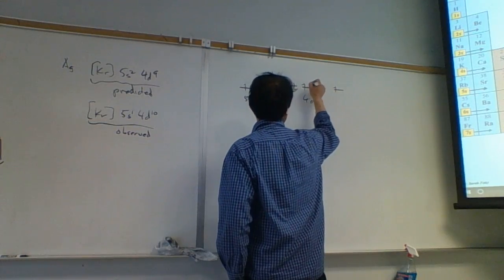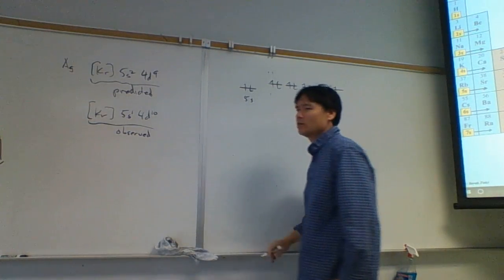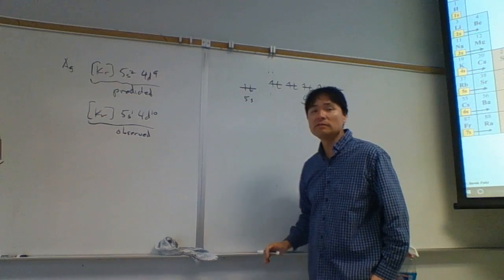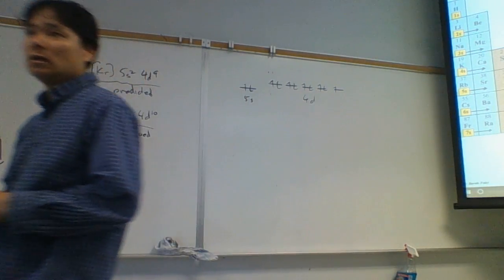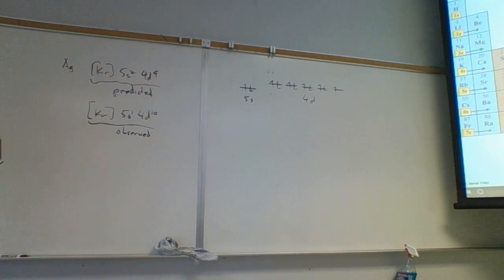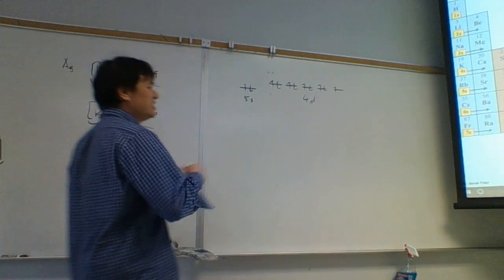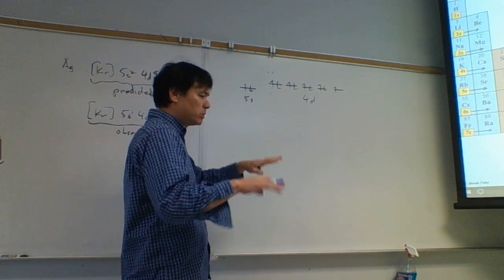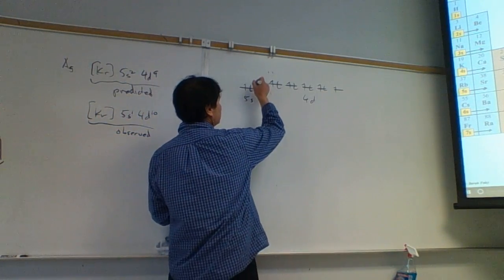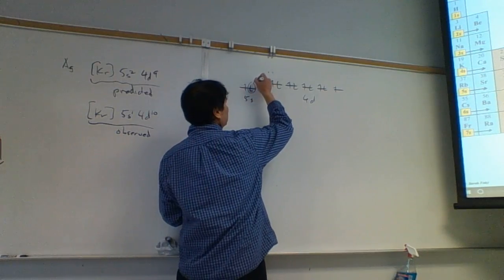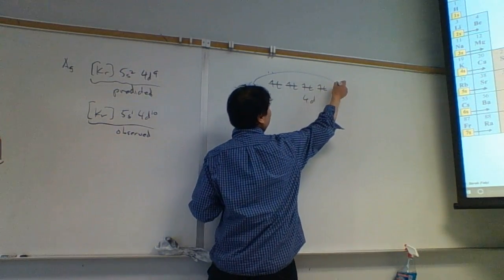And this is 4d9. 4d9 is special because it's only one electron short of 4d10. And so what happens is this. Nature tries to find a balance in which it can minimize energy as best as possible. So what it's going to do is take an electron and promote it here.